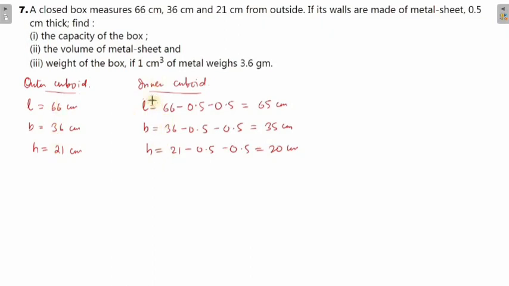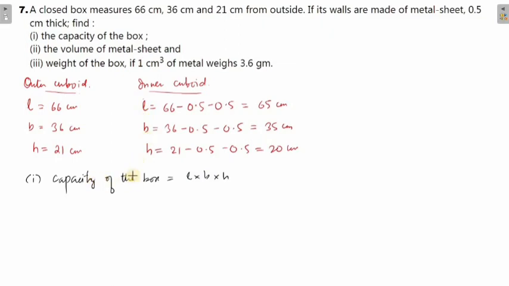Now for number one, the capacity. To find the capacity of the box, we use the formula for volume, L into B into H. Which L should I use, the outer one or the inner one?